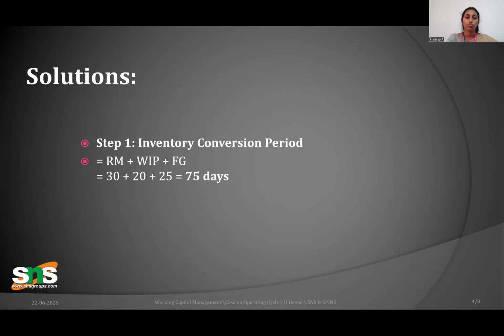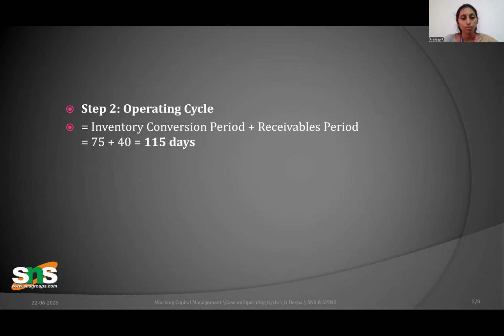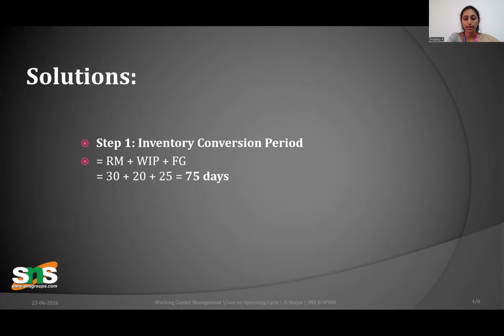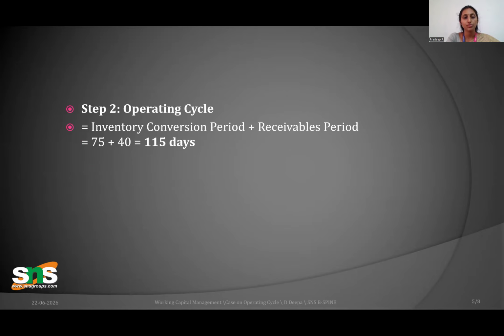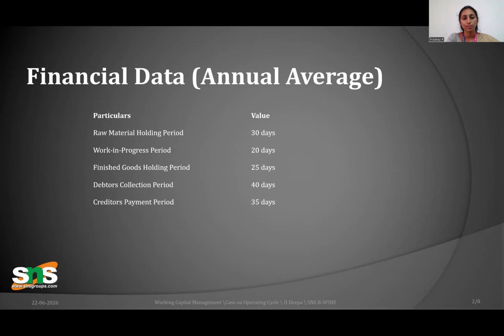Next calculation is the operating cycle. The formula is inventory conversion period plus receivables period. The inventory conversion period we just calculated is 75 days, so write 75 plus 40, because the debtors collection period is 40.